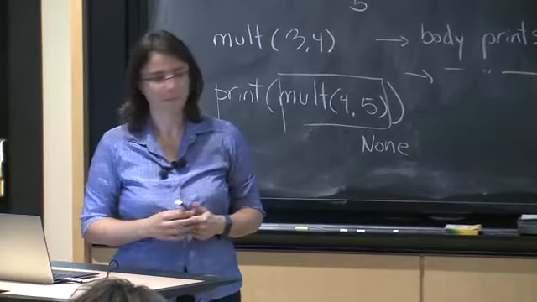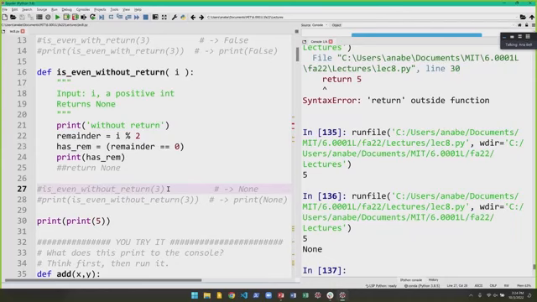I'll run it. It outputs None. So the first 5 is due to this. This shows up on the console. But print being a function, it doesn't actually return anything. It does something useful, like take whatever you want and show it on the console, but it doesn't return anything back to whoever called it.